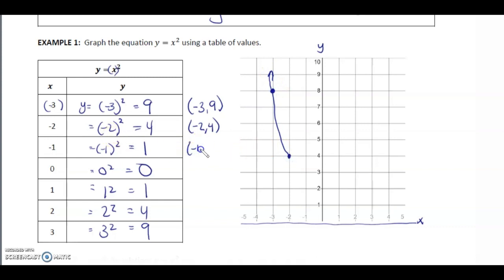Okay, negative 1, comma 1. We plot a point. 0, comma 0. We plot a point. We get 1, 1, 2, 4, and 3, 9. Oops, I put 8 there. My mistake. This is 9.